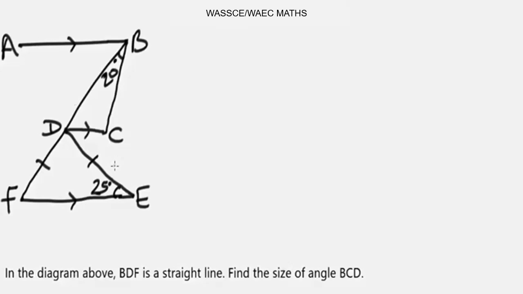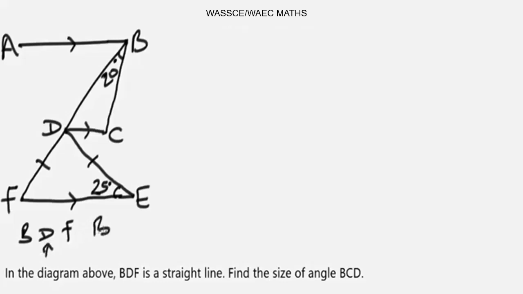Now, this is the BDF. We have BDF to be a straight line. We're looking for the size of angle BCD. When they say BDF, they're referring to the angle in the middle.